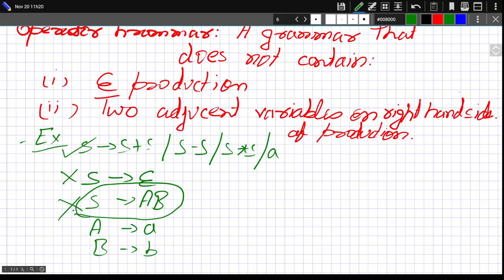So for this reason this will not be an operator grammar. However, any such thing where we have some symbol in between, in that case they are operator grammar. So such operator grammar can be parsed with the help of operator precedence parsing algorithm.